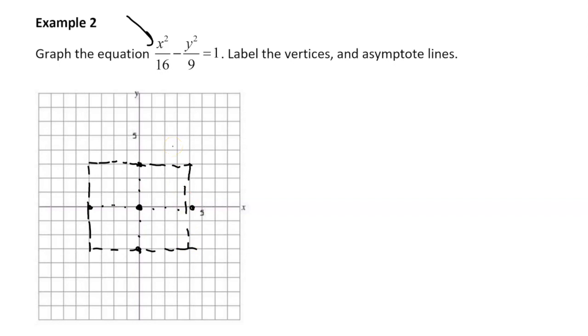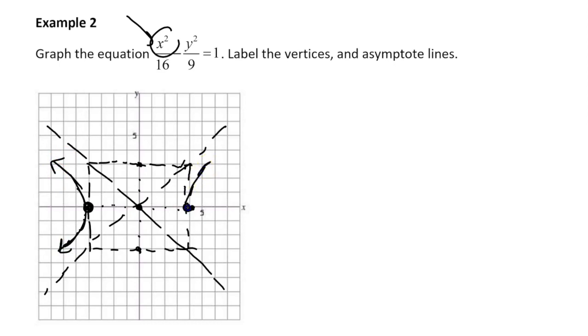Based off of this, it's beginning with an x. And so what you can do is draw your asymptotes through the corners of the rectangle. Then from here, you can highlight your vertices and do a sketch, and it doesn't need to be more exact than this.